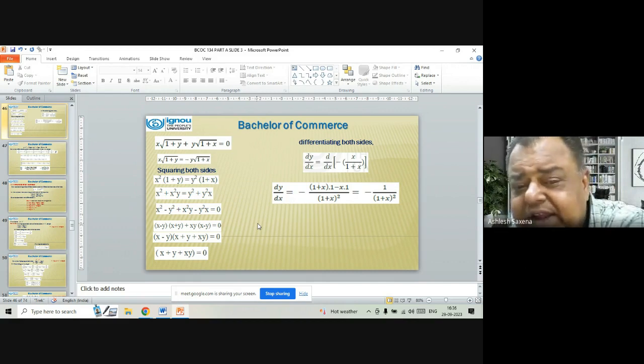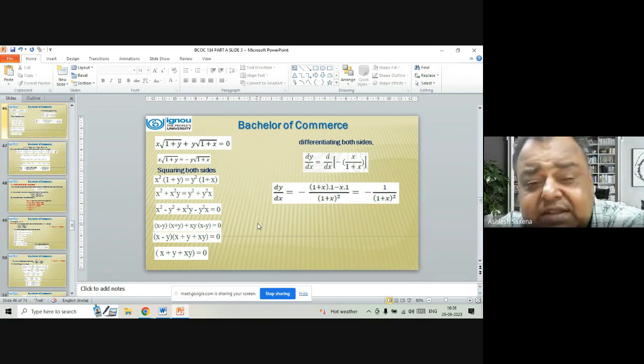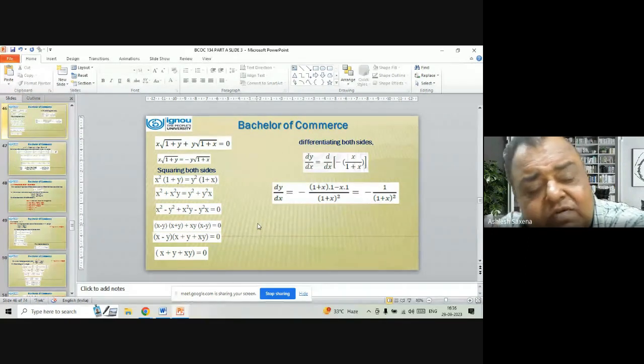On the left hand side it has plus. When it is taken to the right hand side, this plus sign will change to minus. Straight away, I will be getting x under root 1 plus y equal to minus y under root 1 plus x. Square both sides. x square, the under root will be lost.